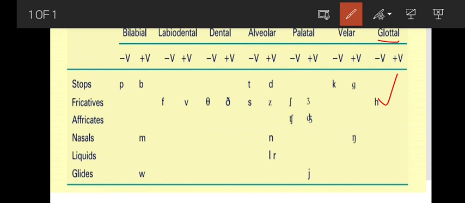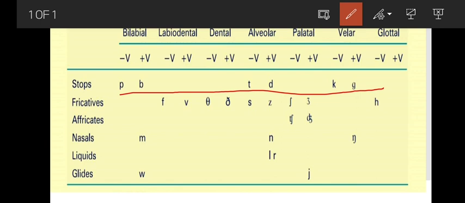Now let's talk about their manner of articulation, which is also very important. Stops. All these sounds are stops. Why are they called stops? The reason is that these sounds are produced by a stop of the air stream.